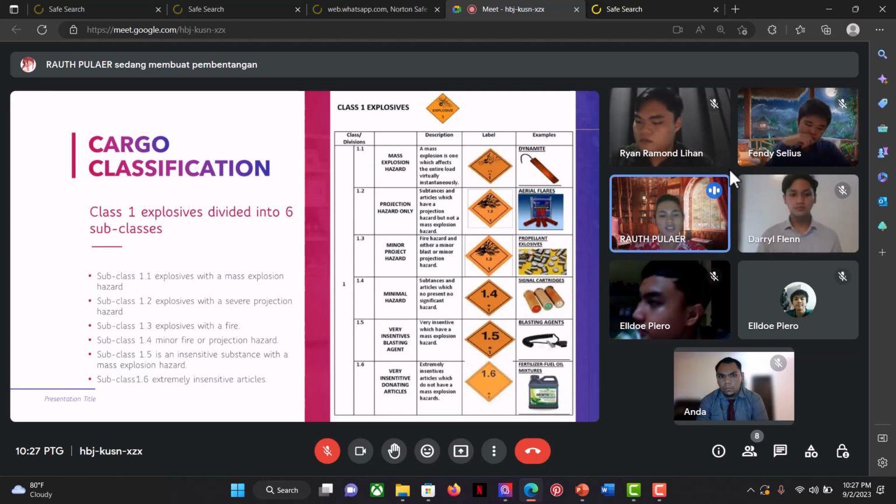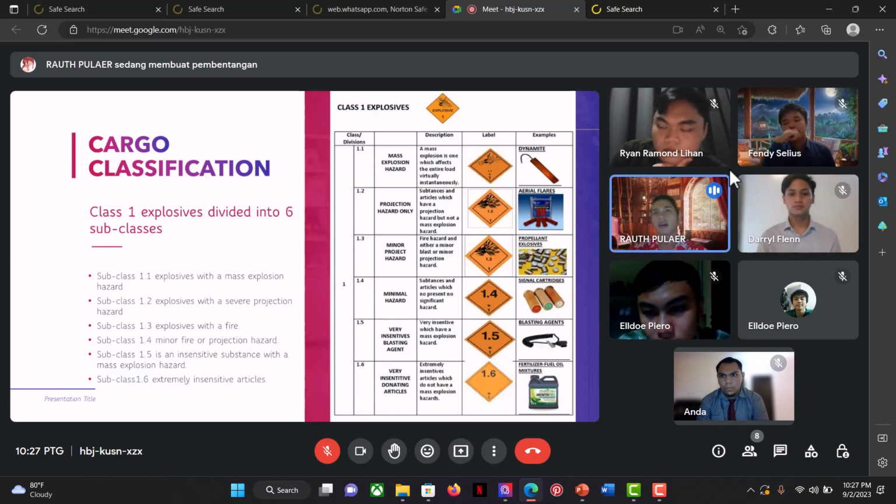Subclass 1.6 is extremely insensitive substances that do not have a mass explosion hazard. It will not produce a dangerous explosion that might kill, tear someone's limbs off, or burn that person. Examples of explosives that I can include are fireworks and bombs.